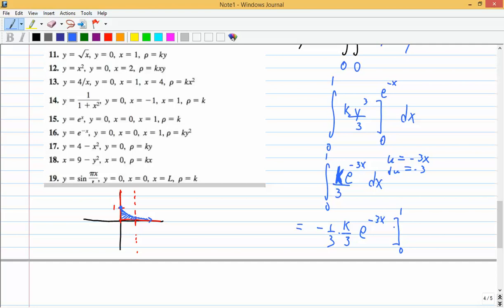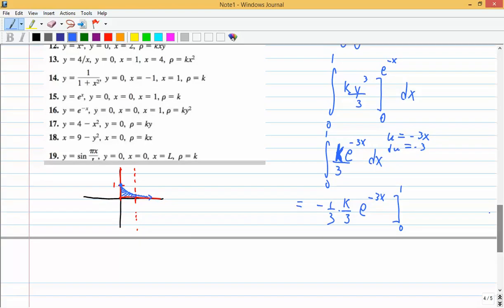Now, be careful here, because plugging in a 0 does not give us 0, because that's a power of e. So I have negative 1/9, which I could really just write as negative k over 9.